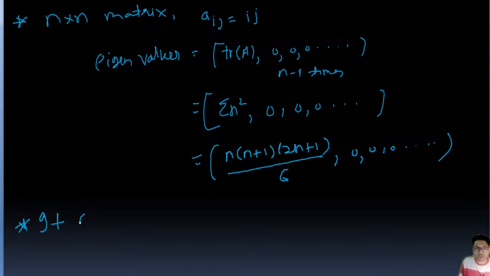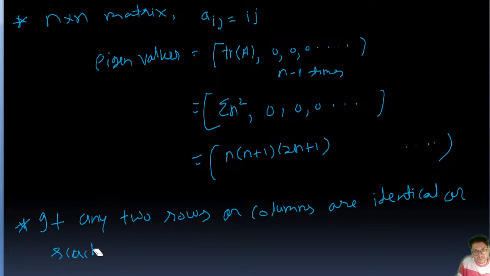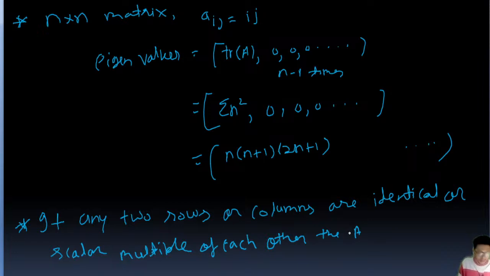Next is, if any two rows or columns are identical or scalar multiple of each other, then determinant of A equal to 0.